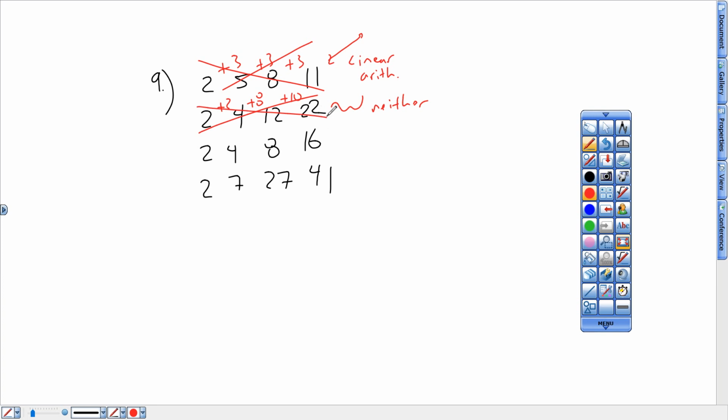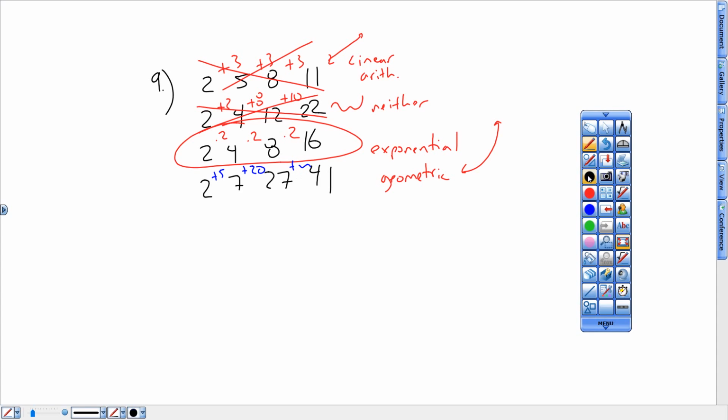For this one, timesing by 2, timesing by 2, timesing by 2, that makes this one the exponential one. That's the one. I'm timesing by the same number each time. If I graphed it, it would be a curved line. This is geometric, all those things. This next one's no good because going up by 5, going up by 20, going up by whatever that is, that would not be timesing. That would be one of those neither ones.